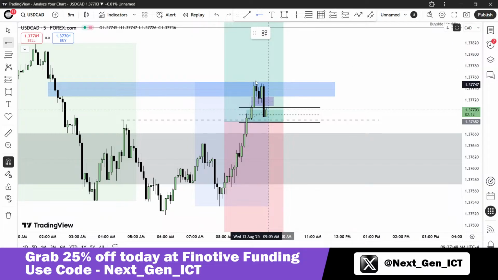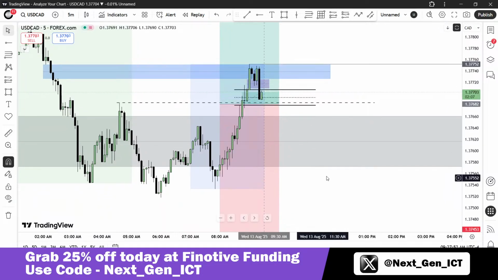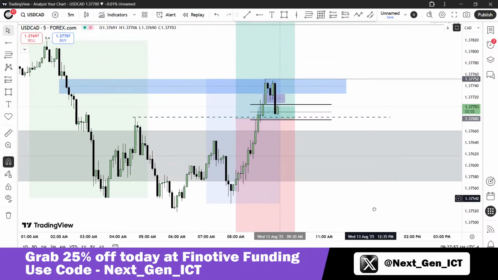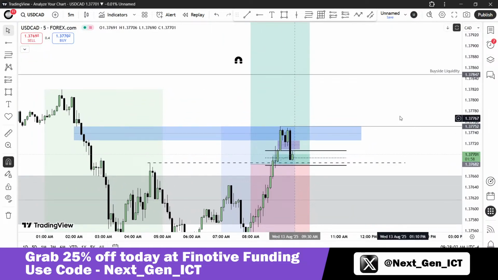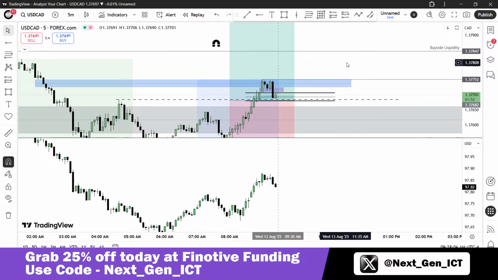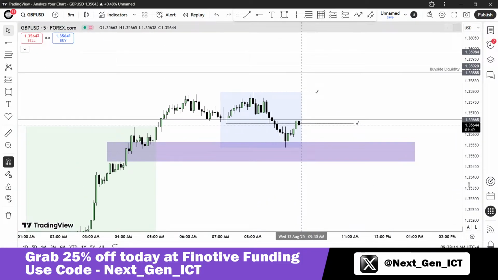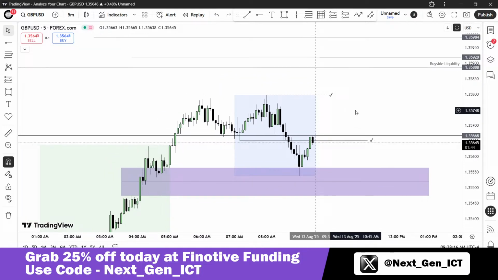I would love to see this high get broken. Once this gets broken, then I would probably move my stop loss around here. Let's just see. But the DXY is not looking good right now. Yeah, it's not looking good.